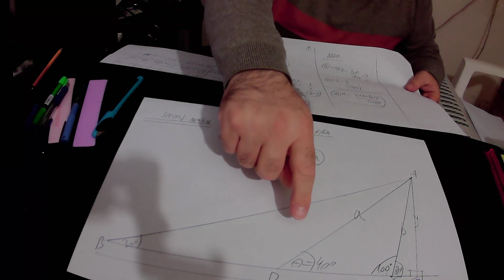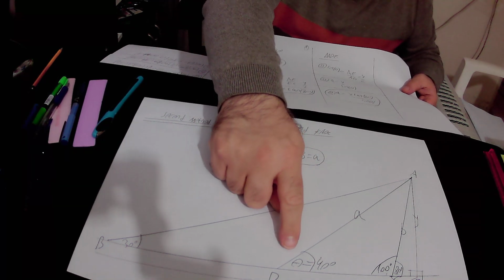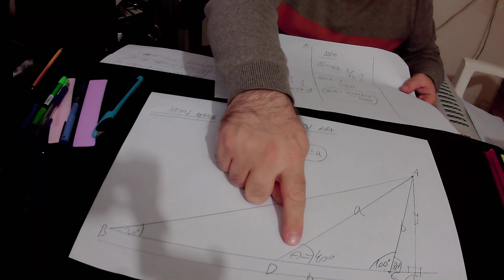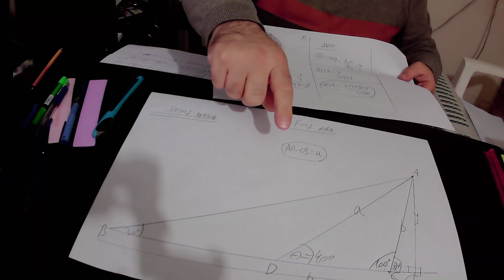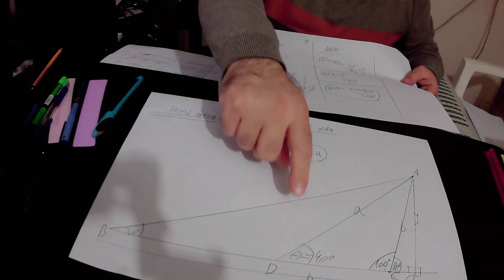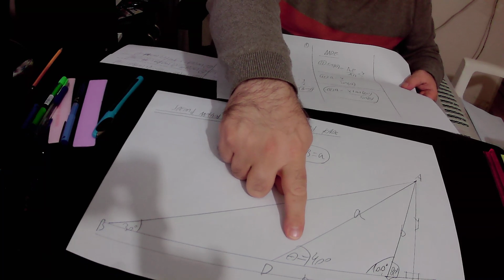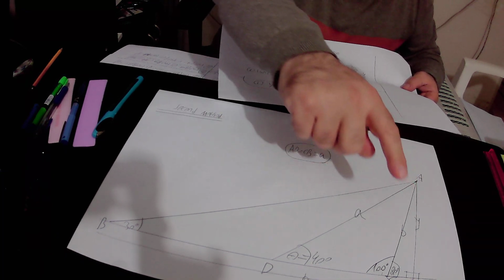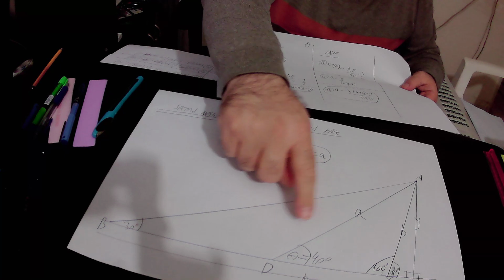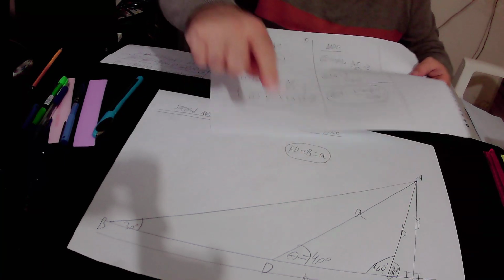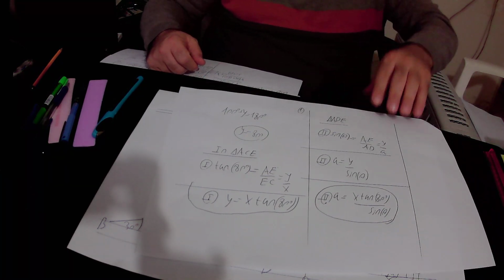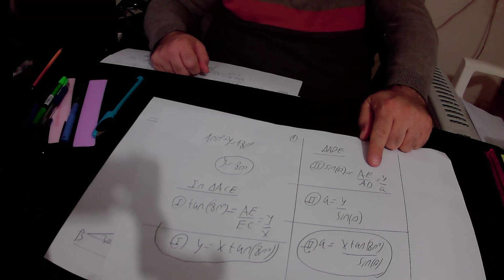We defined angle ADE, the angle that we are looking for, as angle theta. In triangle ADE, we know that sine theta equals AE over AD.